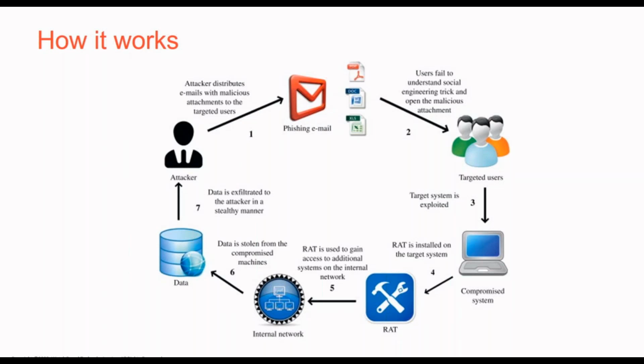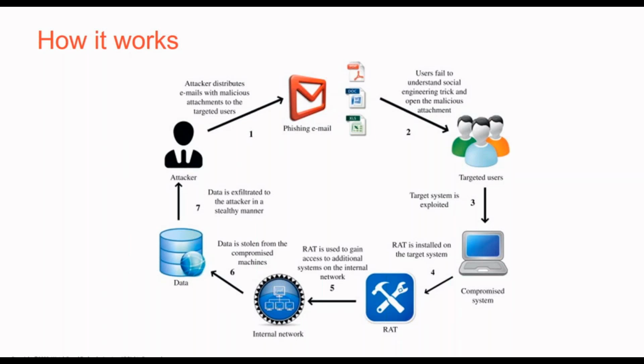So most of the time, users fail to understand the social engineering trick and they're going to open the malicious attachment. Once this happens, the target system is already exploited. A RAT is installed on the target system. So this is your payload. You have a compromised system now.